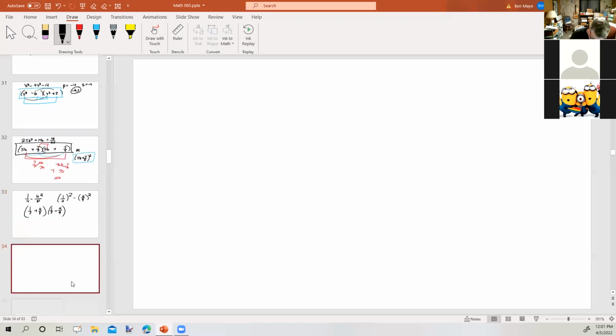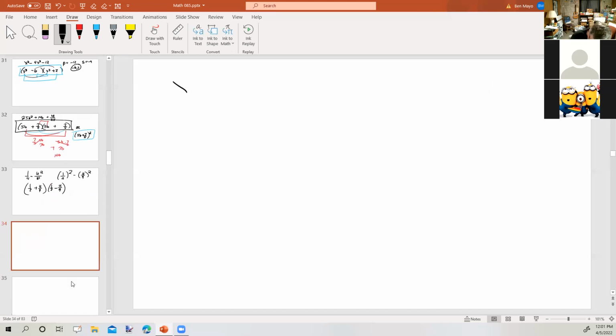How about this one? X squared y squared minus 6xy minus 16. Well, this is a trinomial. It is in standard form in terms of the variable combination xy, because here we have xy, the quantity squared, and here we have xy, and here we have no x or y at all.